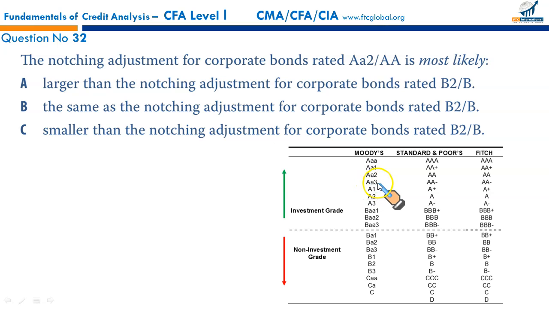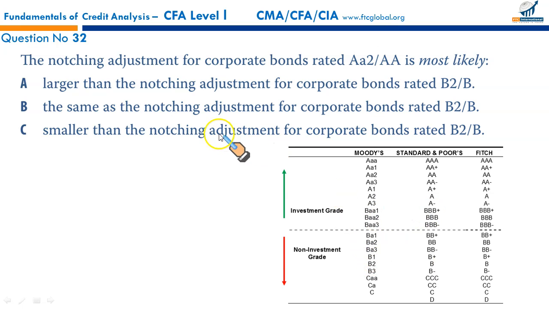higher the senior unsecured rating, that we call the issuer rating, the smaller the notching adjustment, right? So for the corporate bonds rated as AA2 or AA, the rating agencies will typically apply smaller notches up, down compared to the notching adjustment for B2B or any lower graded bonds.